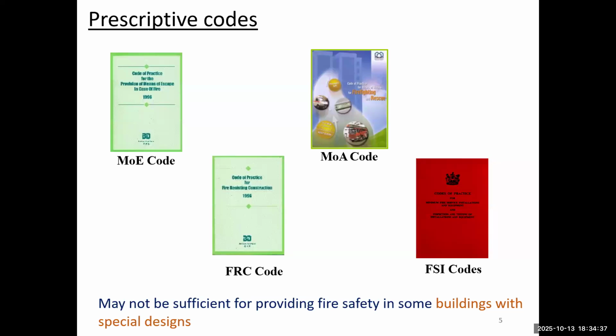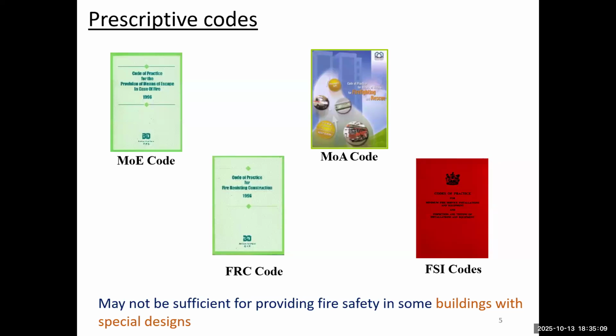So what are these prescriptive codes? In Hong Kong, they are often referred to as the 1+2+3 code. The 1 refers to the general building requirements from the BD. So what does BD mean? Anybody knows what BD means? That is the Buildings Department. And the 2 is the means of escape, that is the MOE code, and the means of access, that is the MOA code, for firefighting.